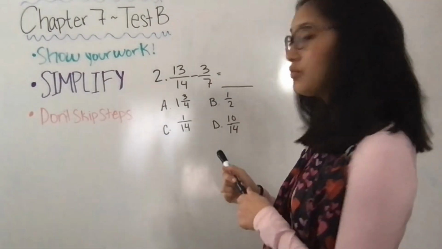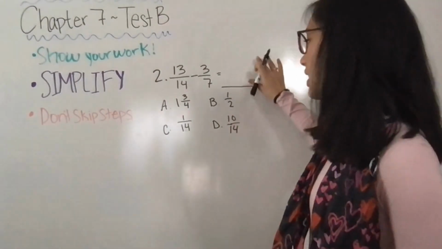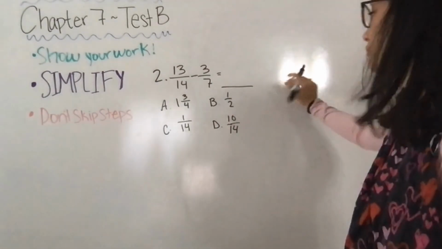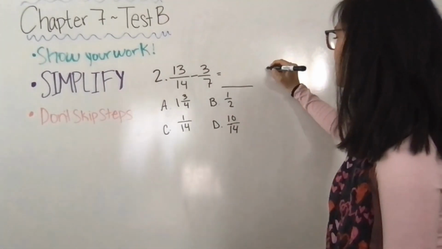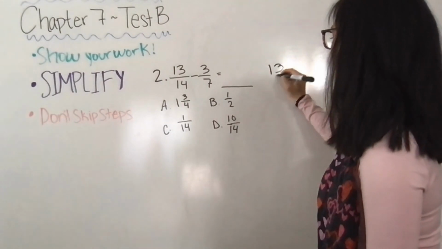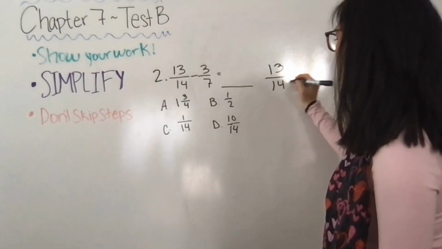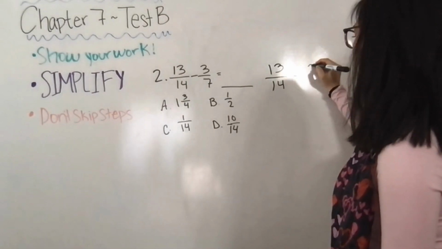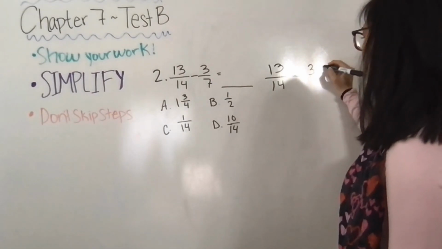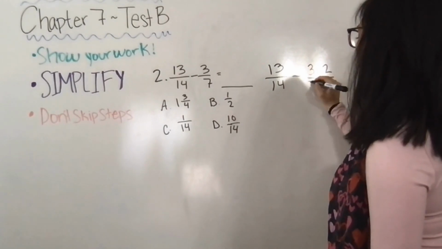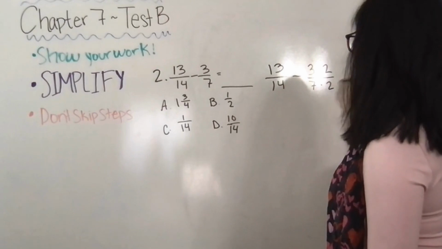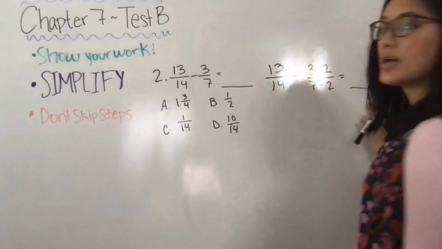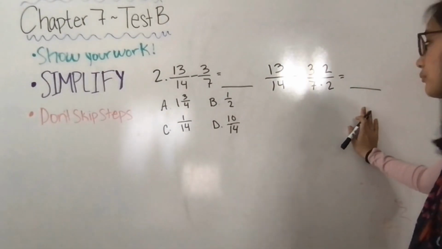So you rewrite the problem, and your new problem is 13/14 minus 3 times 2 over 7 times 2.